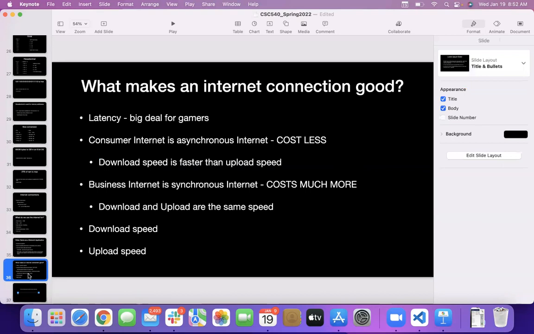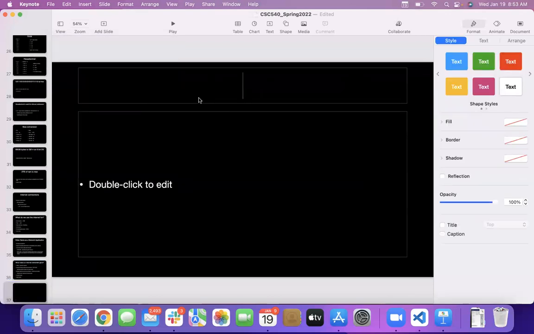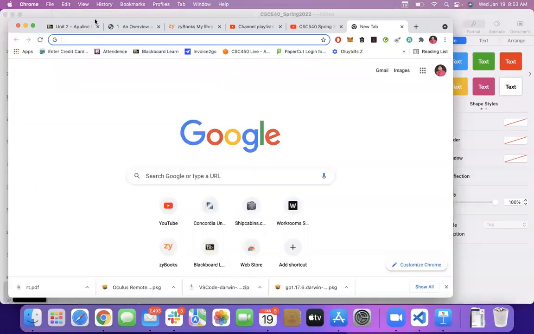That makes sense for 99.9% of us, where we're really consumers of our internet, and our upload needs to be fast enough to handle these things we've been talking about. So when we talk about a modern internet connection, in fact, let's see if we can get real numbers.